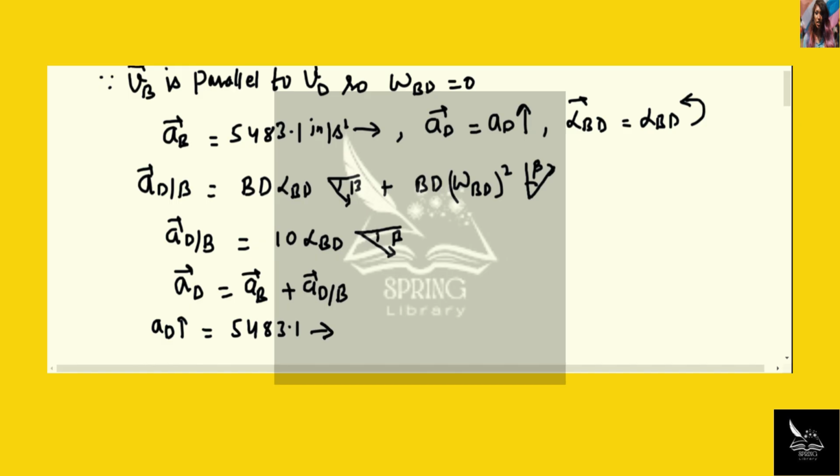This we have calculated, 10 alpha BD at angle beta, and beta we have measured as 23.58 degrees. Now we will take the components.